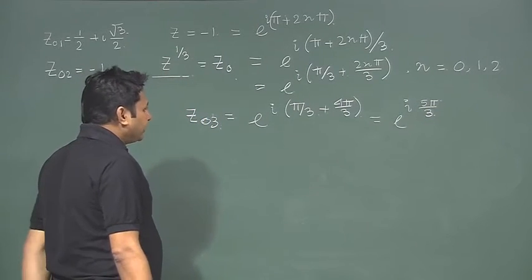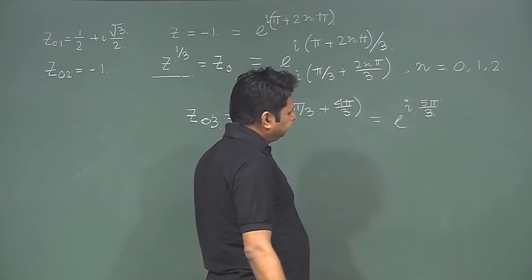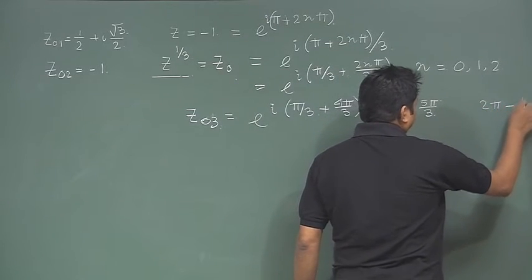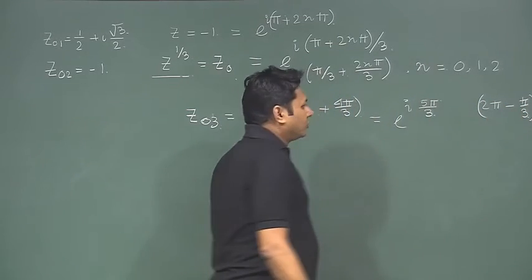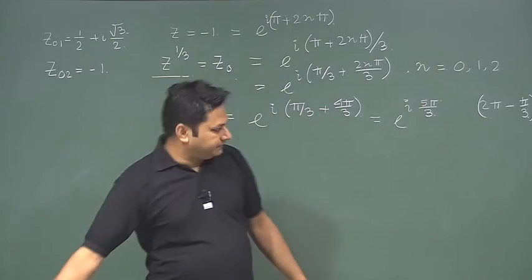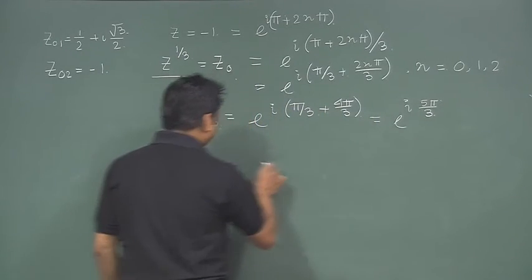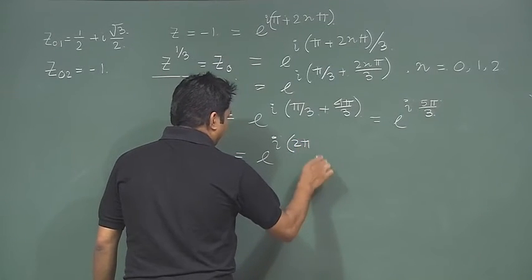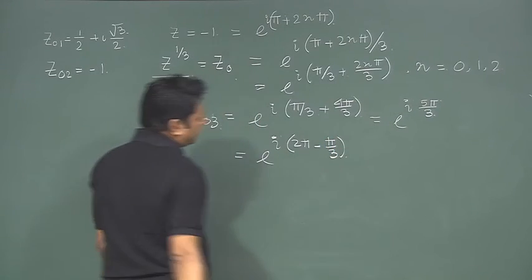So, 5 pi by 3 can be written as 2 pi minus pi by 3 to make the thing easier, because 2 pi minus 3 pi by 3. So, this quantity I can write as e to the power I into 2 pi minus pi by 3.